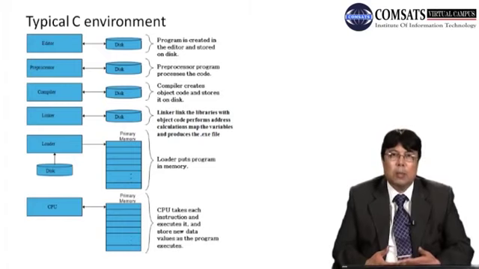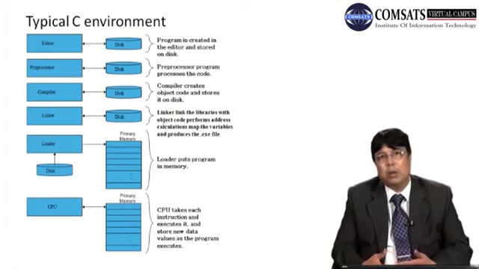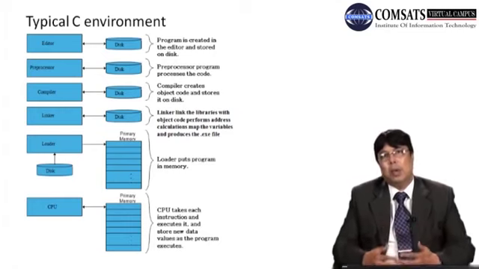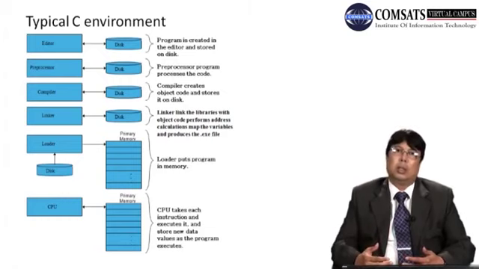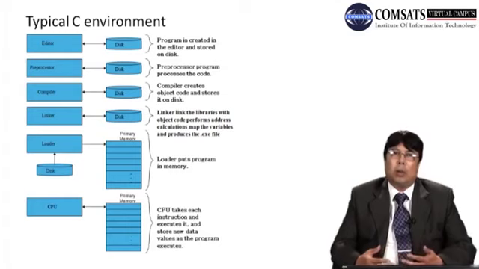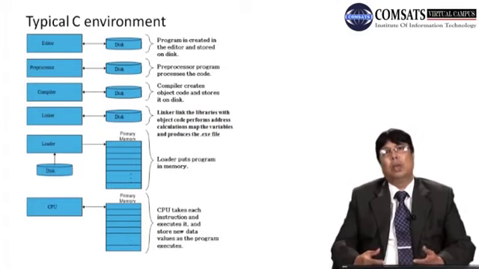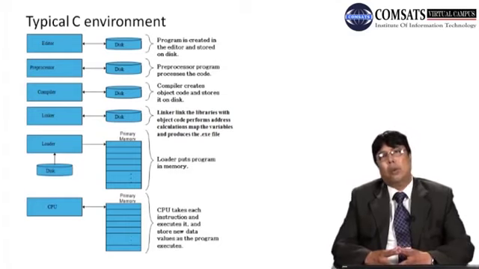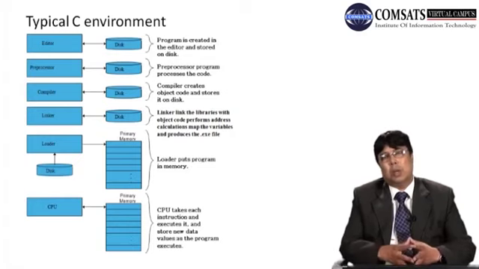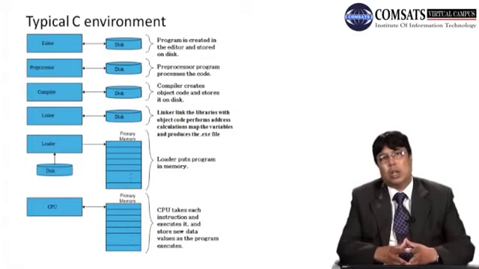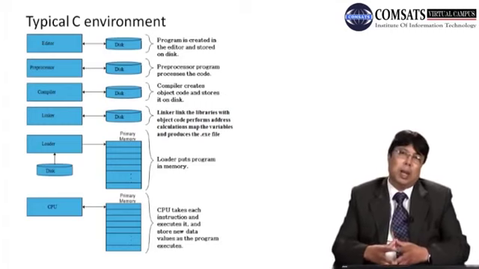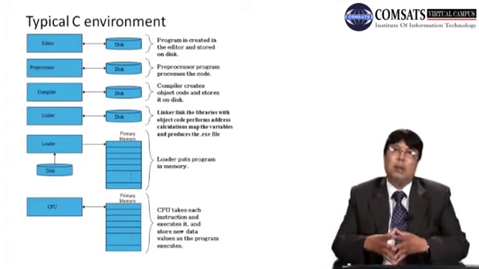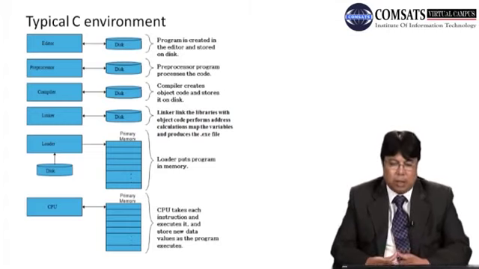The loader basically loads the program into the memory of the computer. Once your program is in the memory of the computer, it is in the form of instructions. Then we know very well that we can fetch the instruction into the CPU, execute the instruction, save the result back into the memory, and then from the memory we can take the result and print it onto the screen.